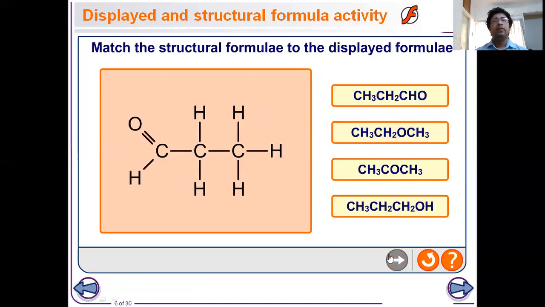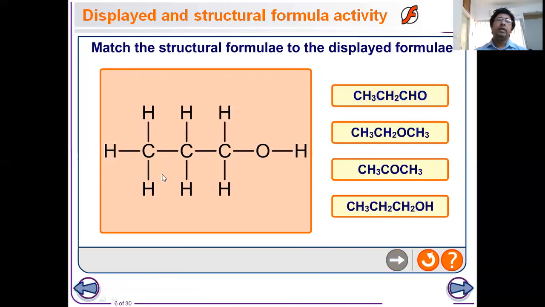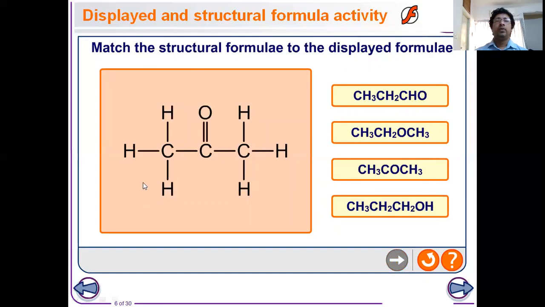Again, for this molecule, the correct structural formula will be the first one. Let me try again. Here, the correct structural formula of this propanol molecule will be this one. Well done.